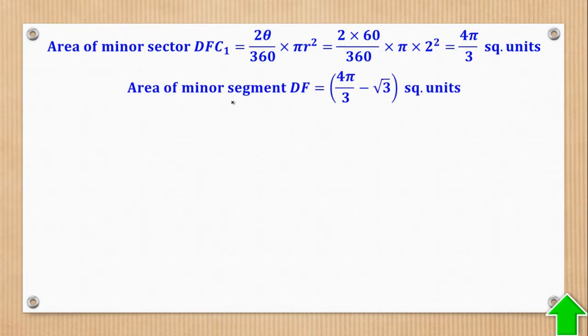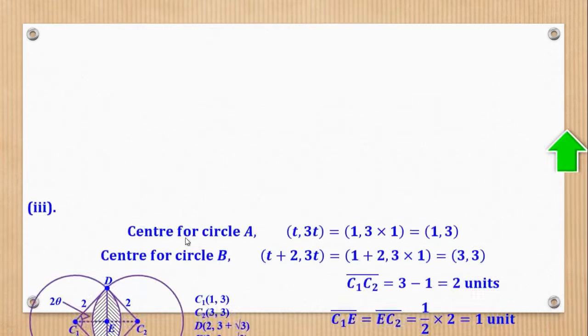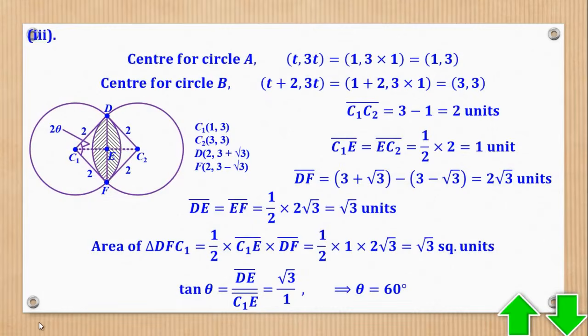The area of the minor segment DF. Now the minor segment will be the whole, this one alone. Remember, we got the whole of this, which is the area of the minor sector, then the area of the triangle was this, implying that the area of the minor segment will be the difference in the two areas.